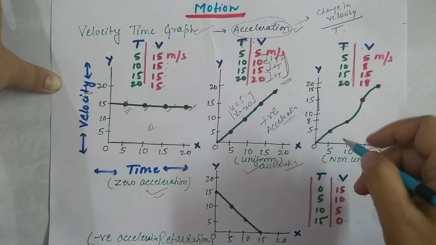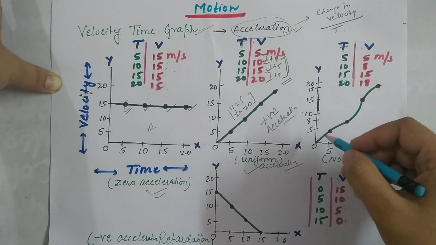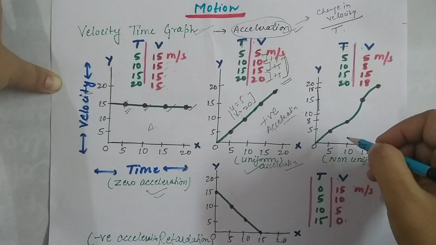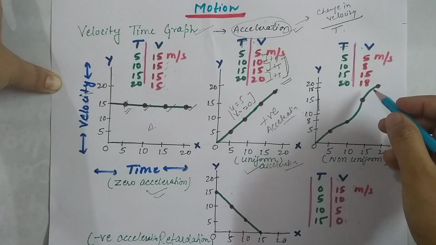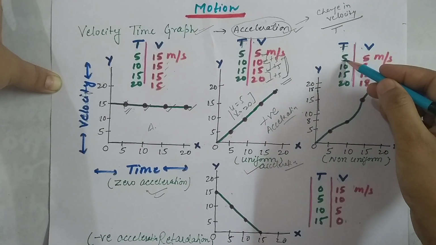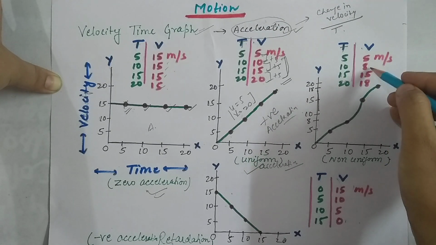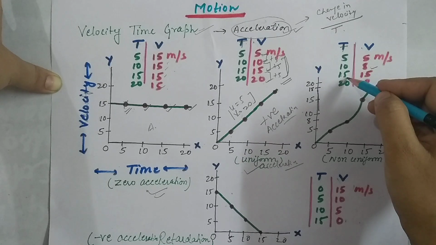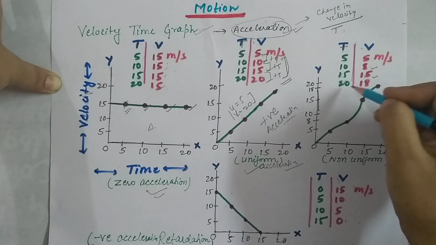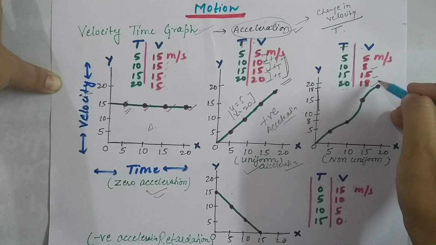Now moving toward the next graph, which shows a non-uniform type of acceleration. Acceleration is taking place because at 5 seconds the velocity is 5, at 10 seconds the velocity becomes 8, at 15 seconds it becomes 15, and at 20 seconds the velocity becomes 18.